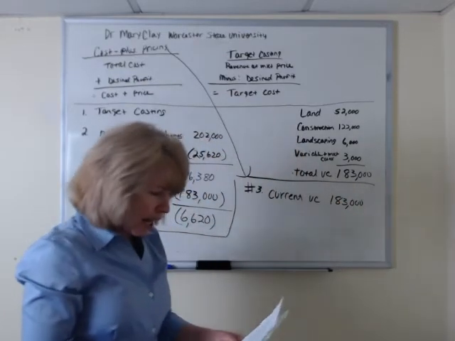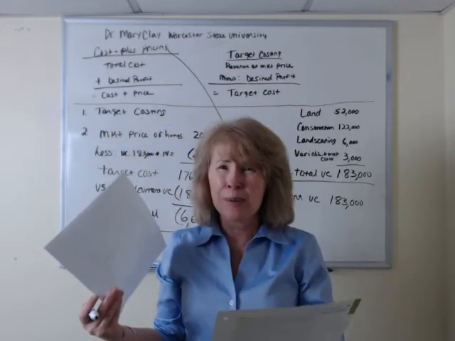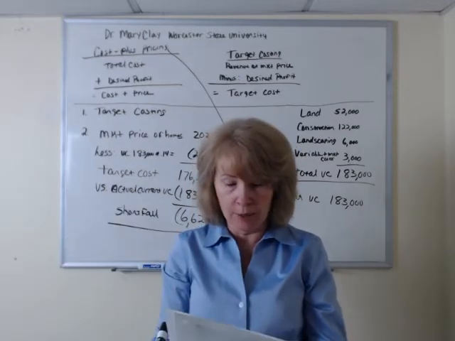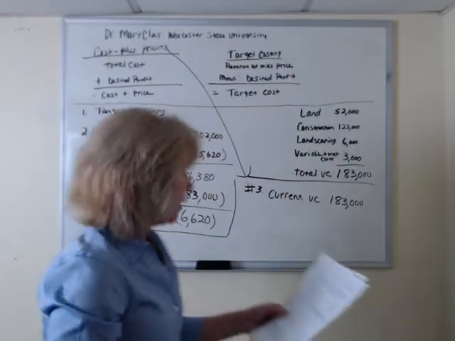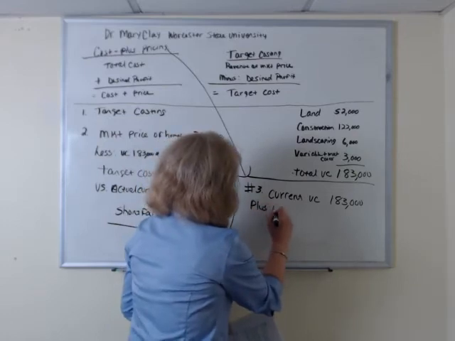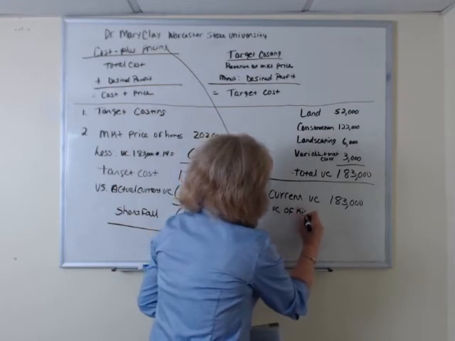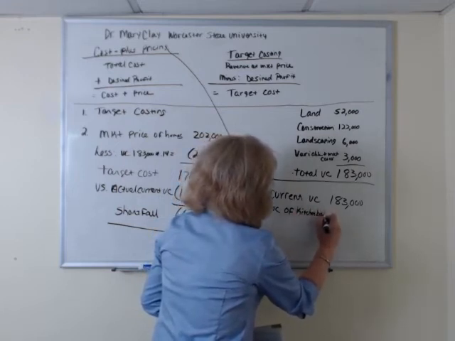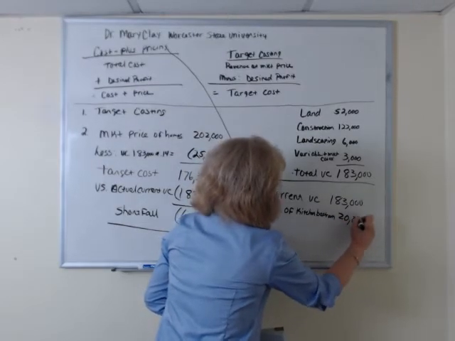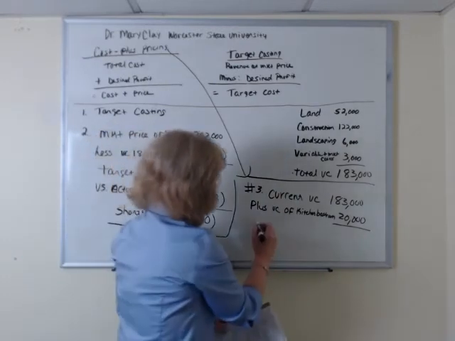Okay, next, I'm going to add in the costs of the upgrade. Bathrooms and kitchens for $20,000? I don't think so. But anyways, this is the problem. I would think it would be much more. All right, so plus variable costs of kitchen and bathroom, $20,000. Okay, then we're going to total that, and that will be my total variable costs.